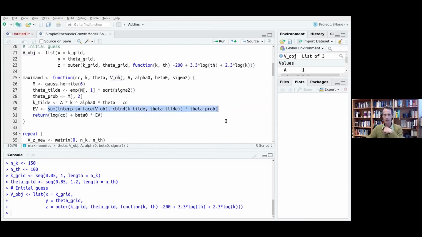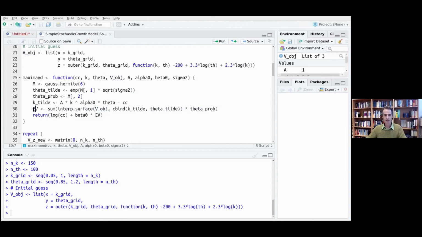This is only the expectation of next period's value function if we start off at capital K and technology level theta. And the value function is the one that we assumed in the first place. Yes. You mean the value function of the current iteration? Yeah.